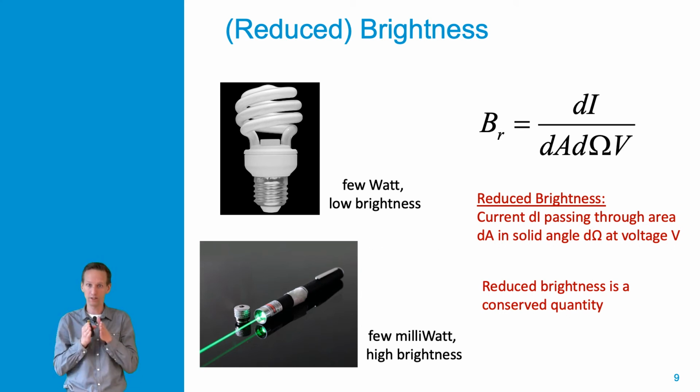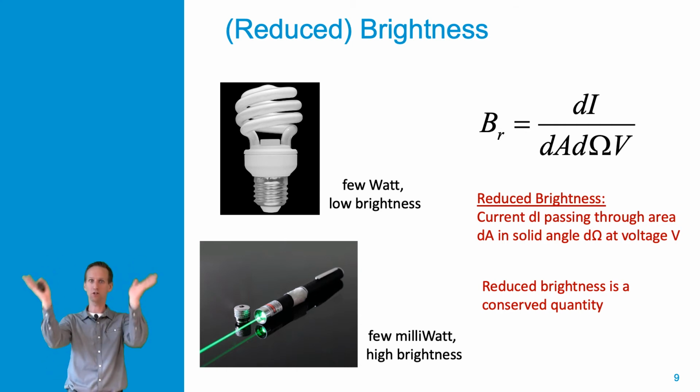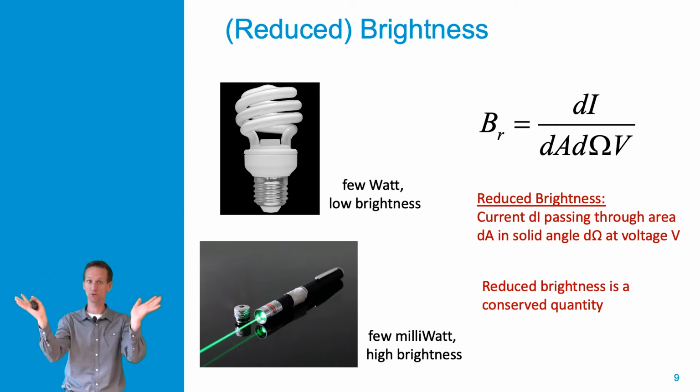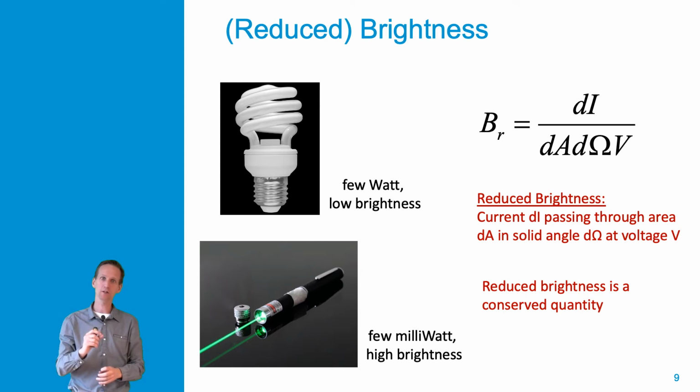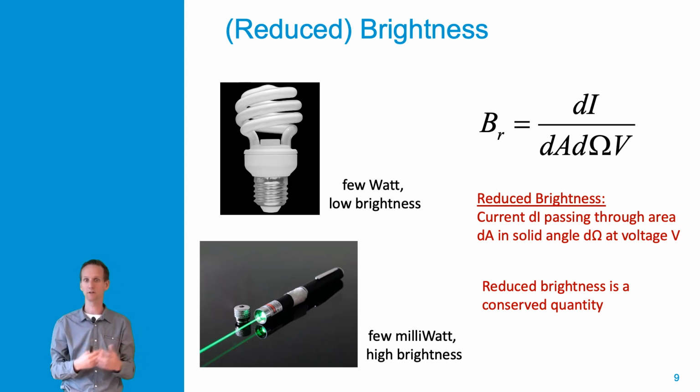All the power is directed into a specific direction, while for a low brightness beam, the direction, so the angles under which the beam travels, is much larger. So brightness, by formal definition, is given by the equation depicted here.